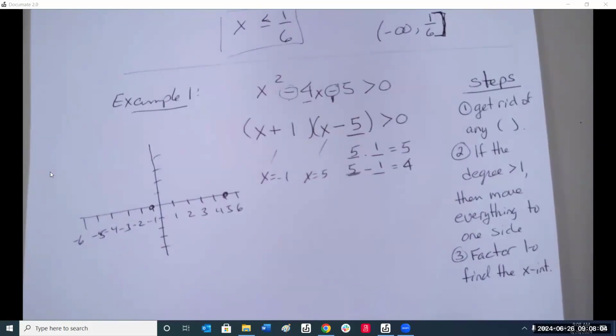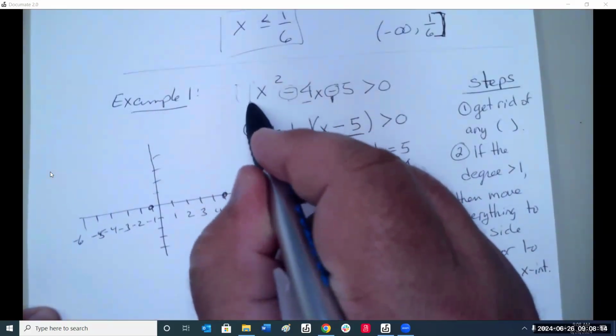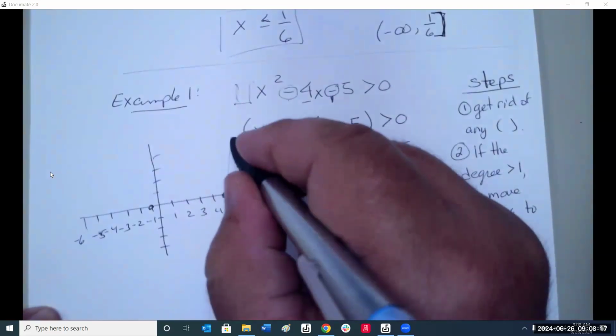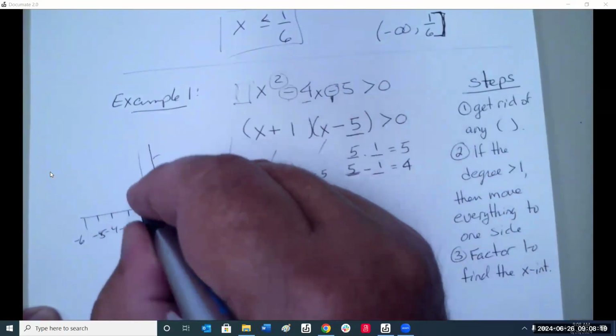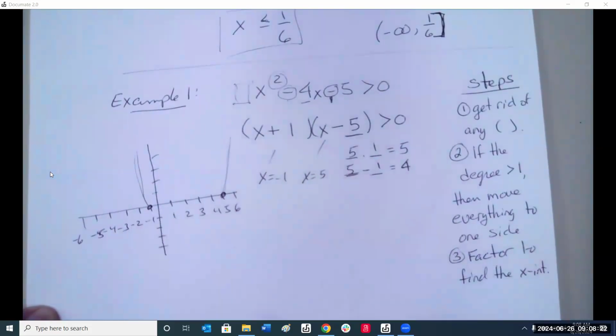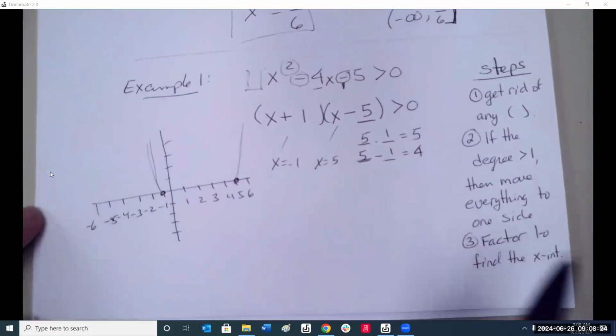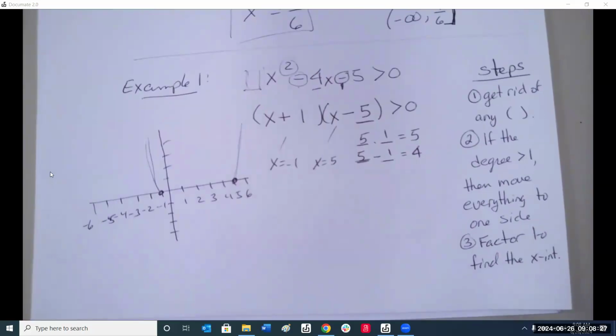What's the shape of the graph? Is it going up or going down? Yeah, because the leading coefficient's positive and it's degree 2, both ends point the same direction. Does it cross or bounce at the x-intercepts? No, you were right the first time.